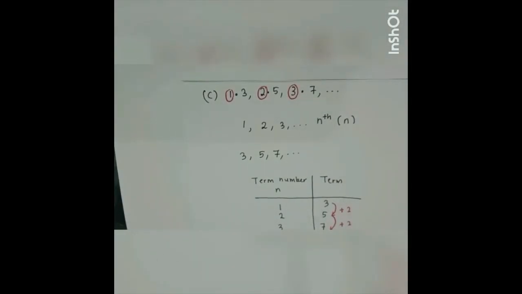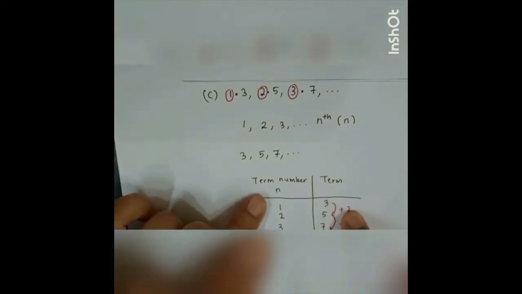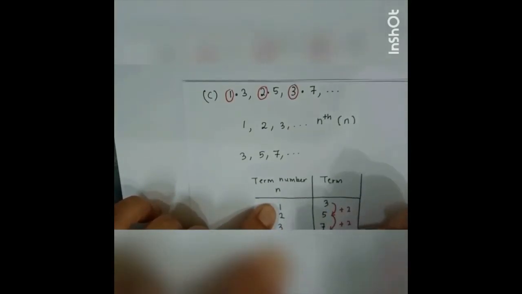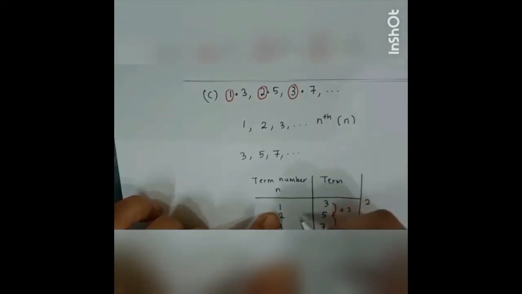Next, multiply the difference number with the term number. 1 times 2 is 2. 2 times 2 is 4. 3 times 2 is 6.